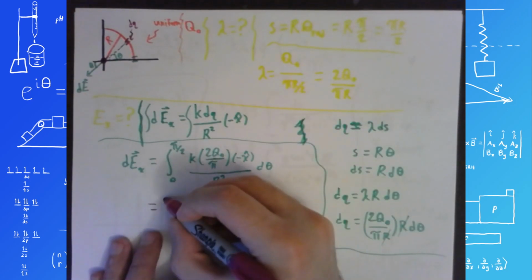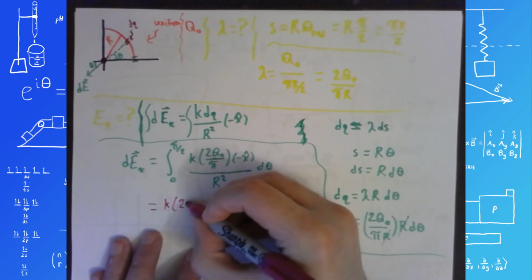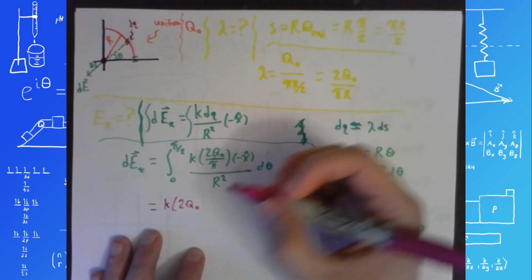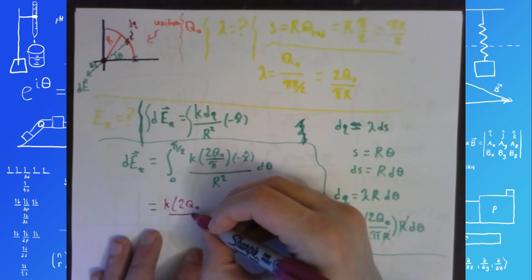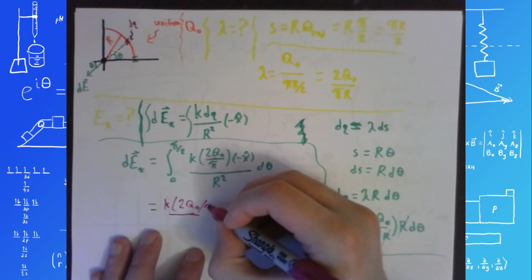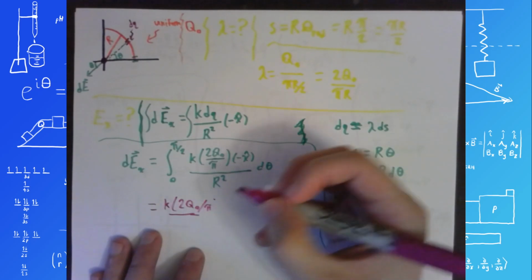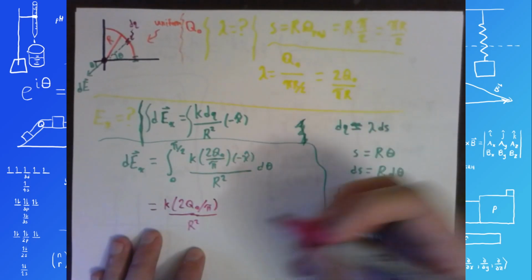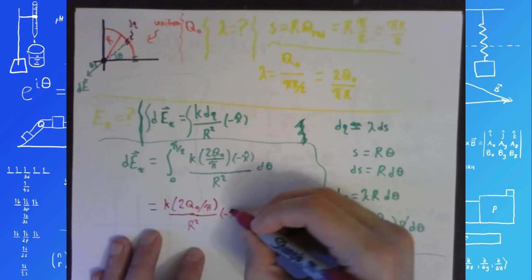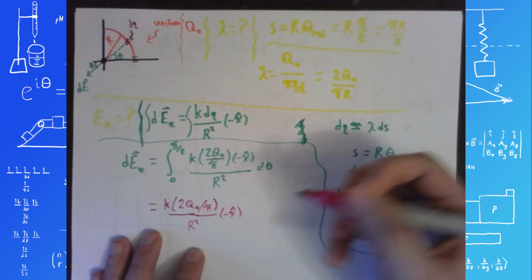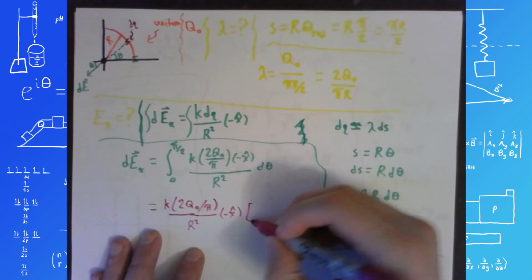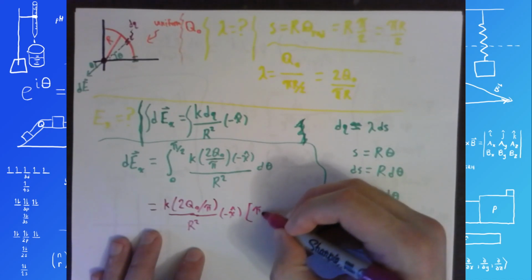So we have 2q0 over pi, all over R squared, times negative x hat, times the integral of d theta, which is theta from 0 to pi over 2.